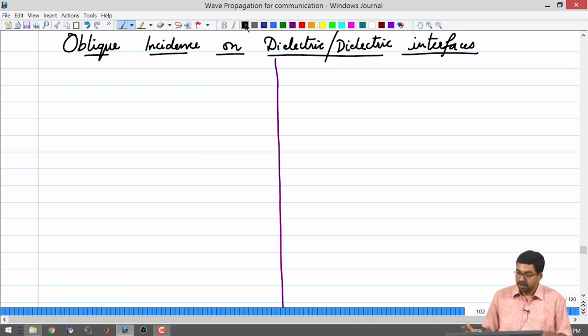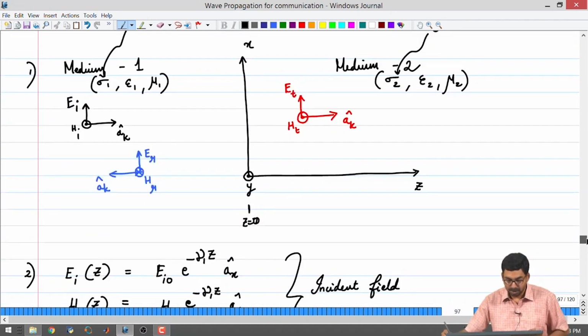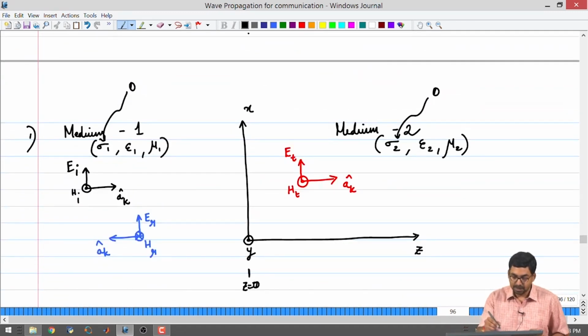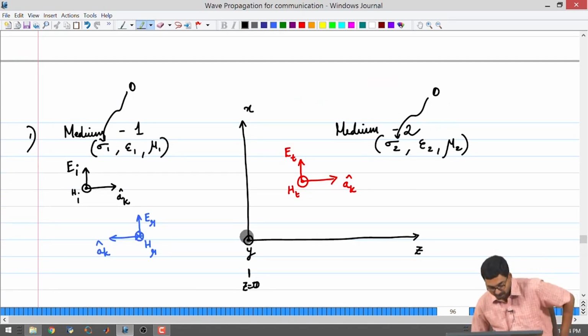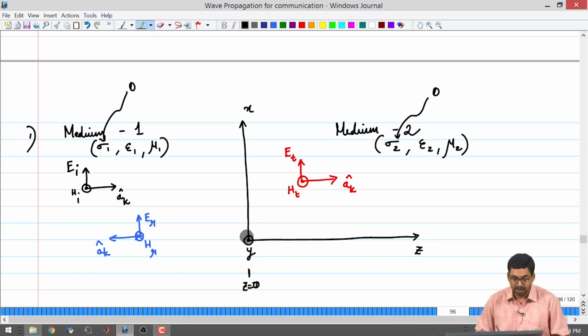Similar to the last lecture where we talked about normal incidence, we have an axis which was the x axis here, z axis here, and to form a right handed triad we had a y axis marked in this way. We talked about a specific case where the polarization of the incident wave had an electric field component in the plane of the diagram, and the magnetic field was perpendicular to the plane of the diagram.